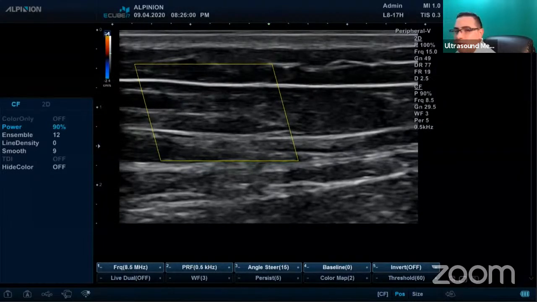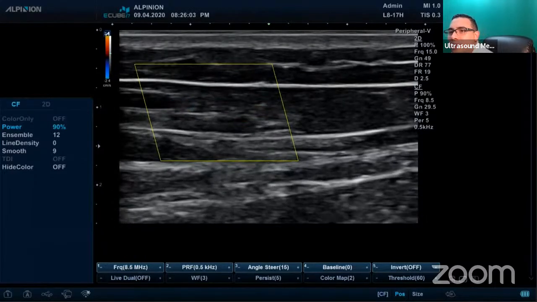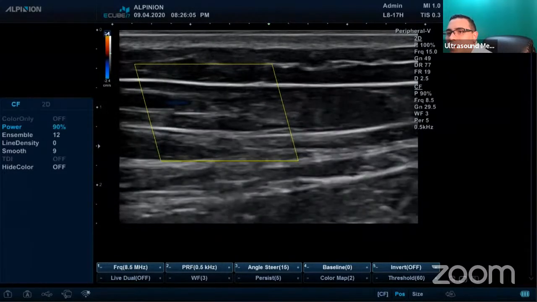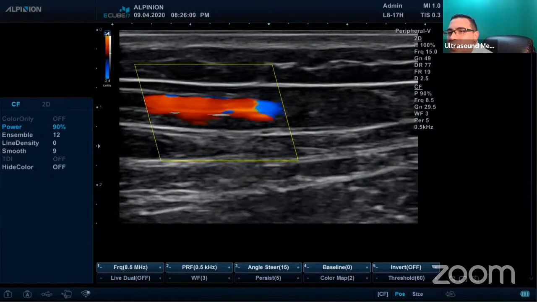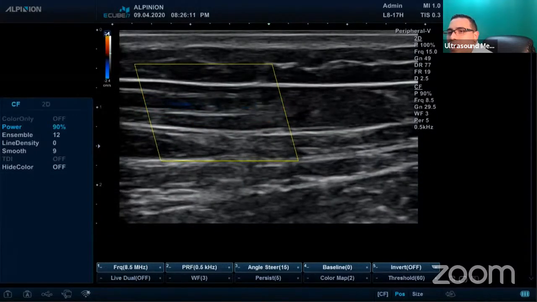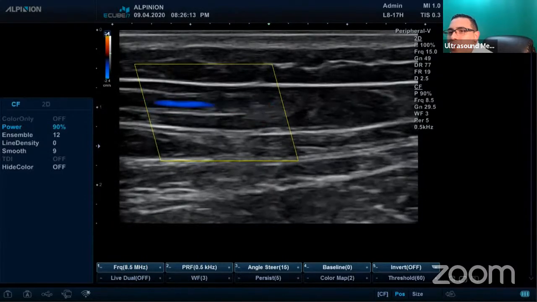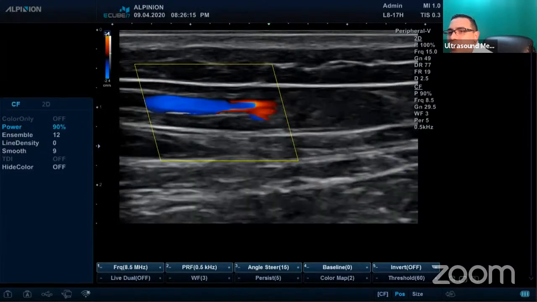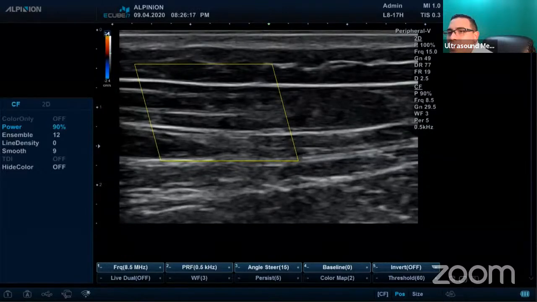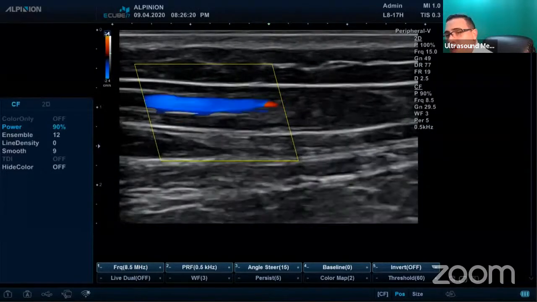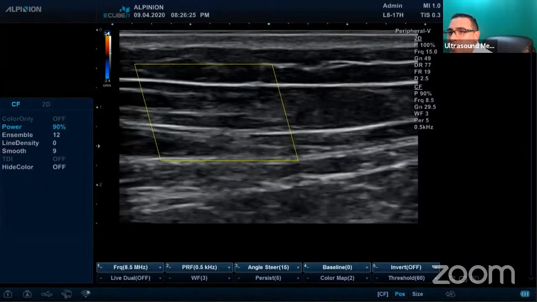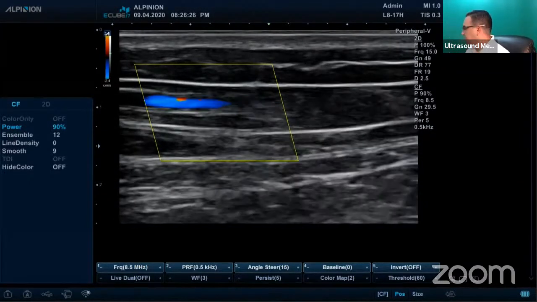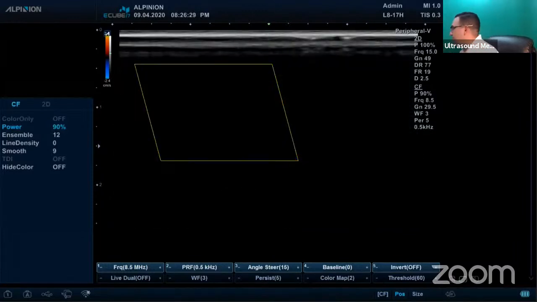I don't think I have a reflux. See how sensitive the color is right here. I'm going to explain how we do this protocol, but the flow here is very, very slow. Doing this type of insufficiency exam is sometimes challenging for many people. So let's keep going with the presentation.